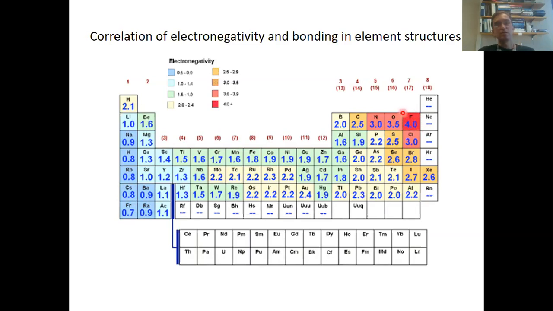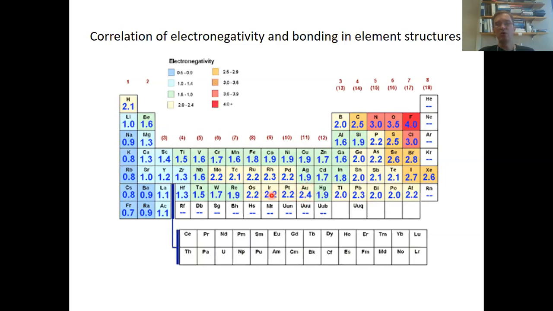So now let us see if we can correlate the bonding types with the electronegativity. These elements here are all metals with metallic bonding in between them. So we see that with few exceptions, they all have pretty low electronegativities, typically below 2. There are few exceptions: gold, for instance, has an electronegativity higher than 2, as do platinum and iridium.